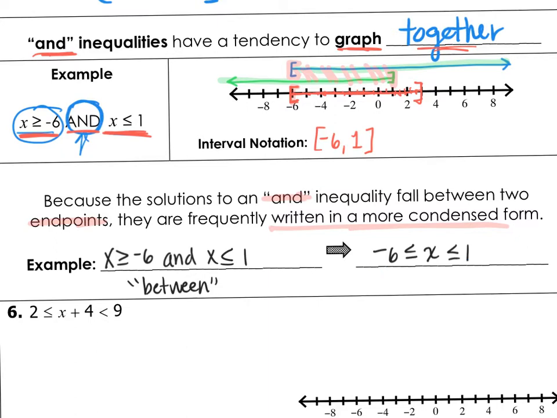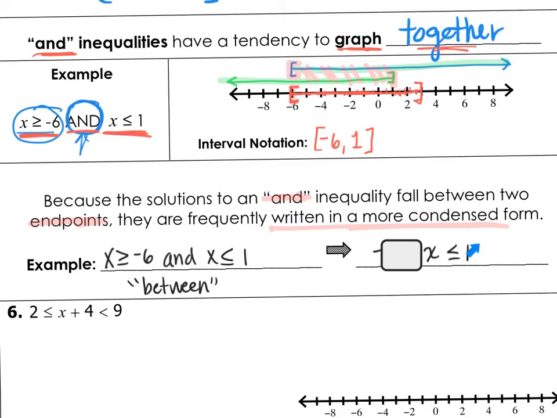And we can take a look and see, if we cover that up, we see the inequality x is larger than or equal to -6, just in the reverse order. So if x is bigger than -6, then -6 is smaller than x. And if I move the box, you'll see this inequality: x is smaller than or equal to 1.